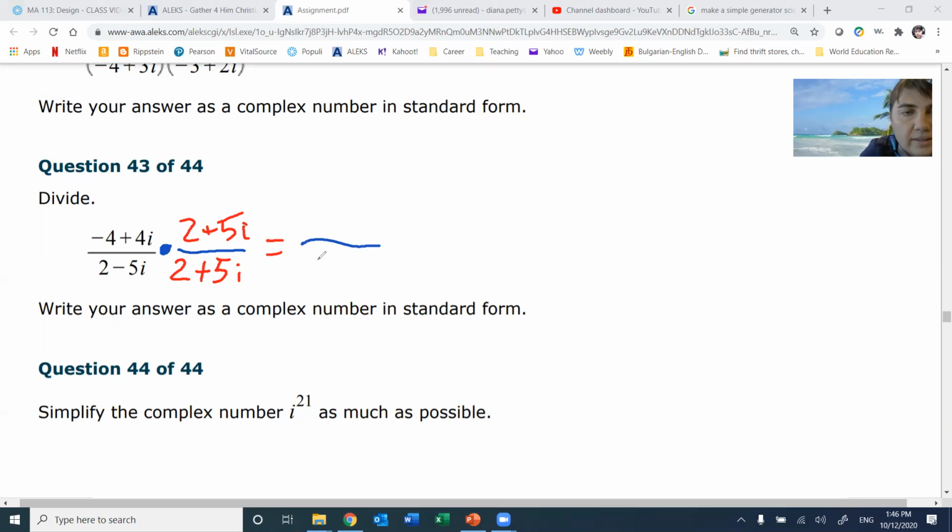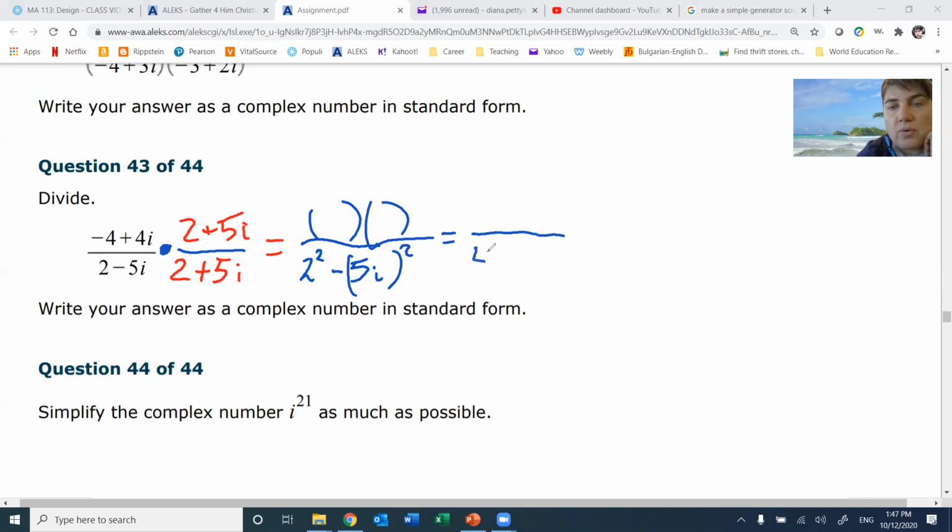In the denominator is this difference of squares formula, which is the first thing squared, I'll just write it, minus the second thing squared, which is 5i squared. If you have done a lot of those, I'm not going to do the top yet. You know that the i squared will turn the denominator into a sum.